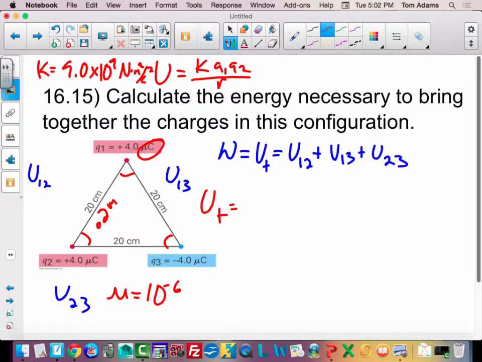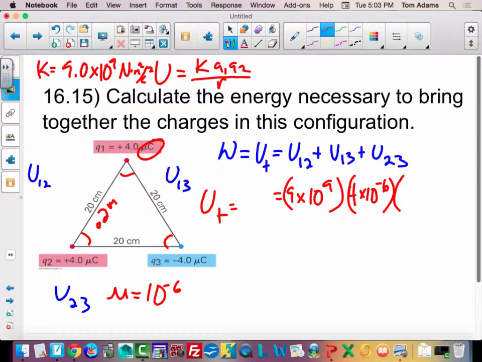All right, so I'm going to do the constant K, which is 9 times 10 to the 9th, and I'm not going to write the units because I just don't have room on the board. So that's the constant K, and we're going to do charge 1 times charge 2, so that would be 4 times 10 to the negative 6 times 4, or no, wait.